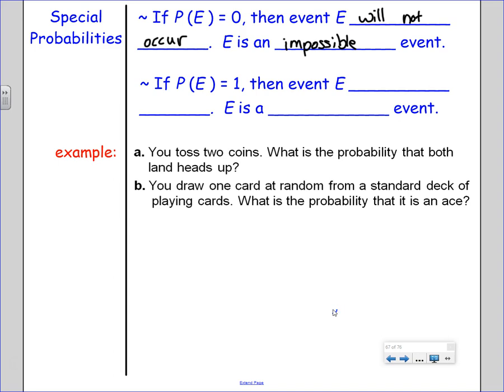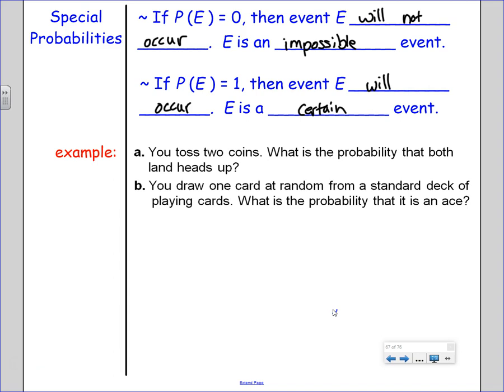What's going on in the second one if probability of E is 1? Will occur. Will occur? Yeah. Isn't 1 kind of low, though? It's 100%. 1.00. So if the probability is 1, then the event will occur. And we would say that this is, for one way of saying it, a certain event. E is a certain event.